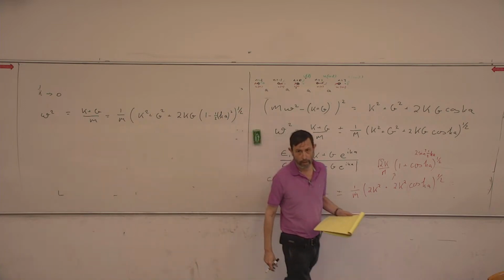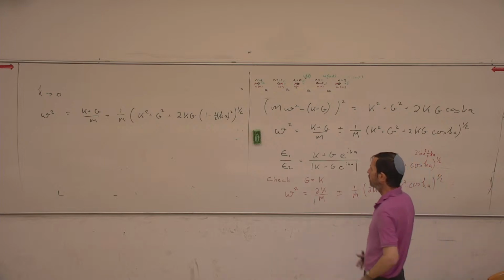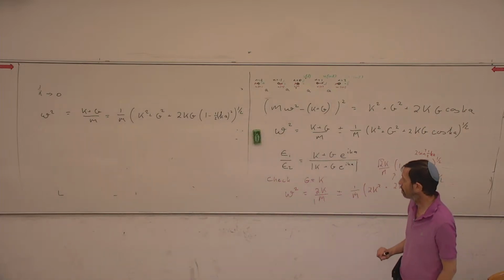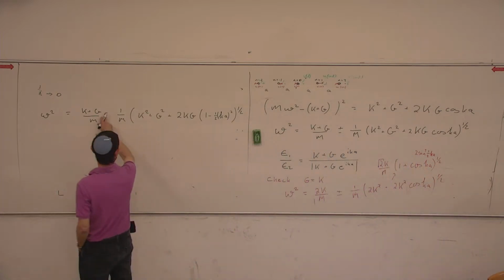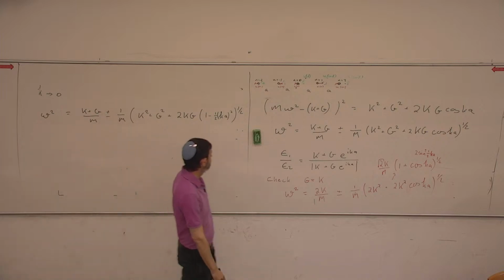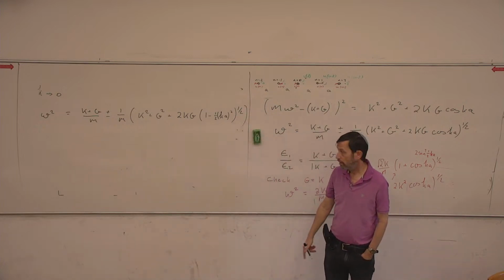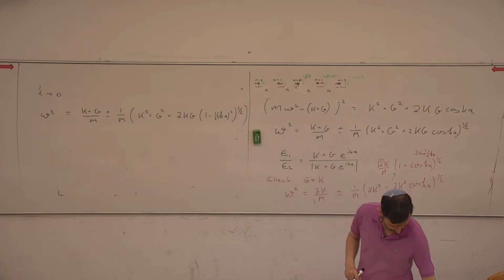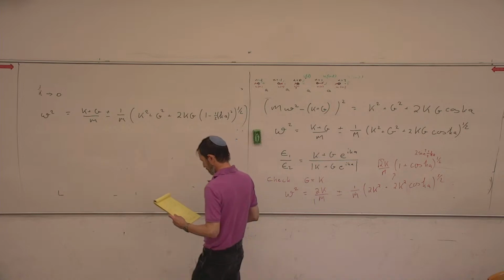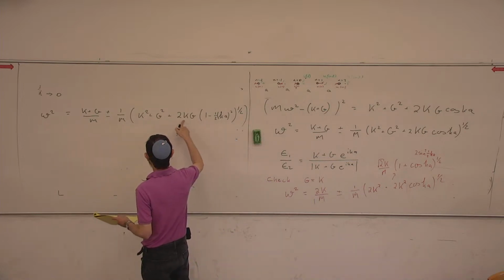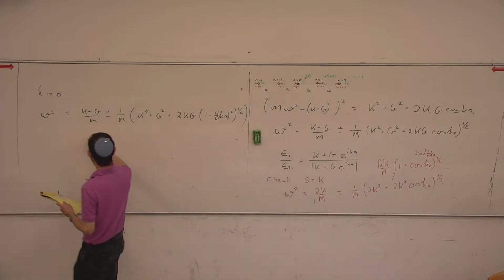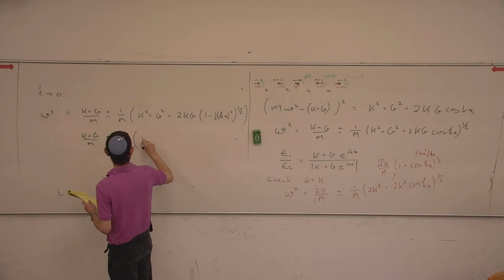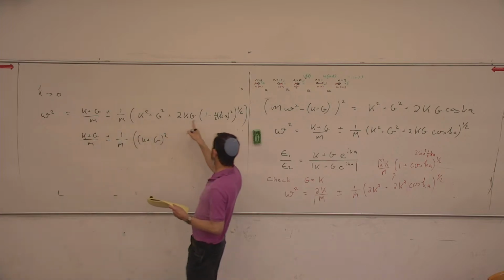Okay, I'll just replace cosine by its expansion close to k goes to 0. Let's pull out k plus g squared outside. So I have here k plus g squared, over n plus minus 1 over n, k plus g squared. This term, and this term.